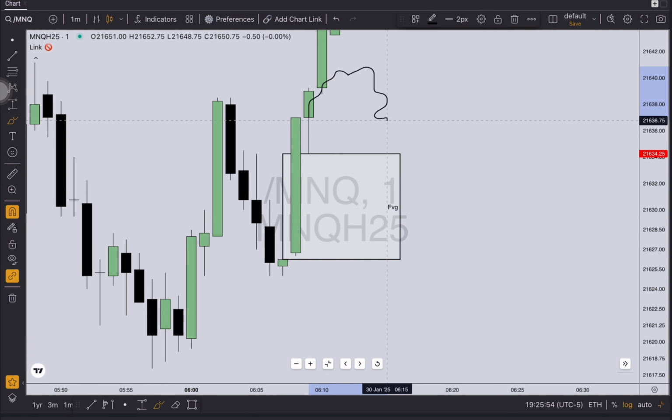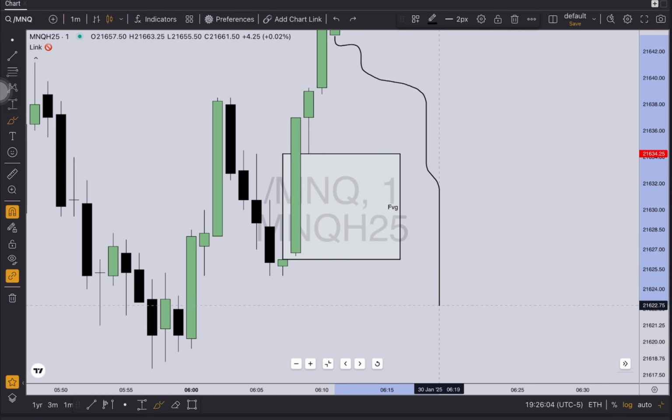come down, for example, and they're waiting for it to tap into the fair value gap, and it just falls short of it. So let's say price was to come back down, and they have this marked out as the fair value gap, like so.